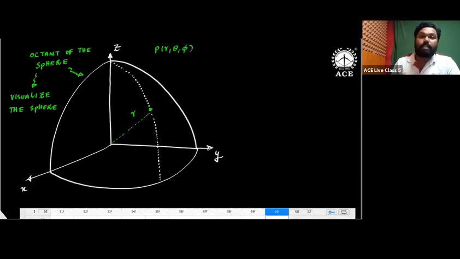What is theta? Theta is the angle made with respect to the z-axis. If I drop this point onto the xy plane, listen carefully, I'll call it A. This one is P, this one is O, A. The angle made with respect to the x-axis is phi.